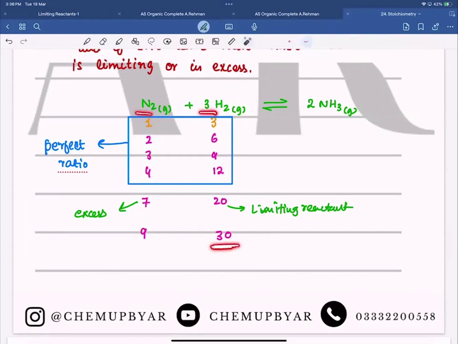So for 30 moles of hydrogen, 10 moles of nitrogen must be there. But instead of 10 moles of nitrogen, we have 9, which is lesser than the amount which is needed. So in this case, nitrogen is limiting and this one is excess. Is this clear?